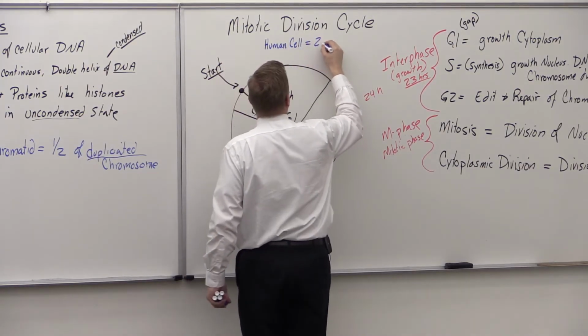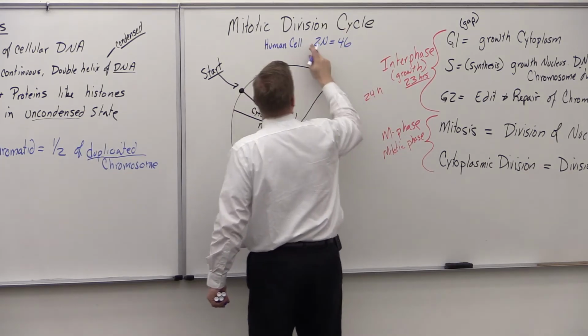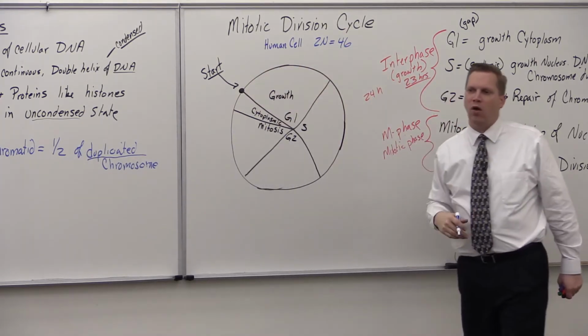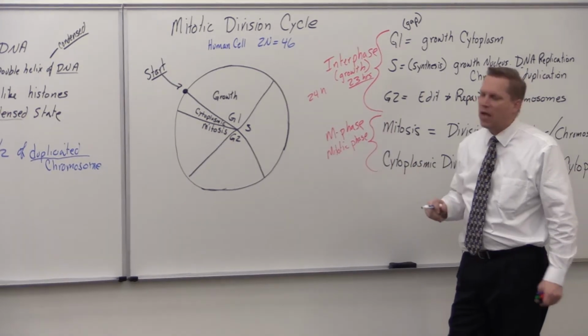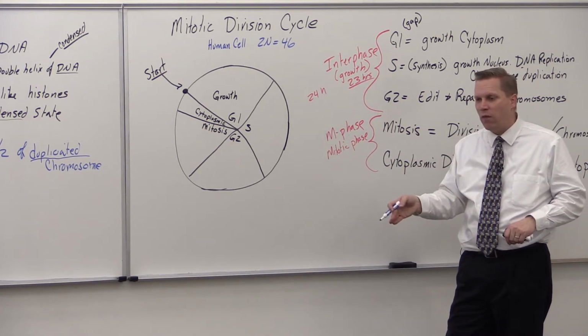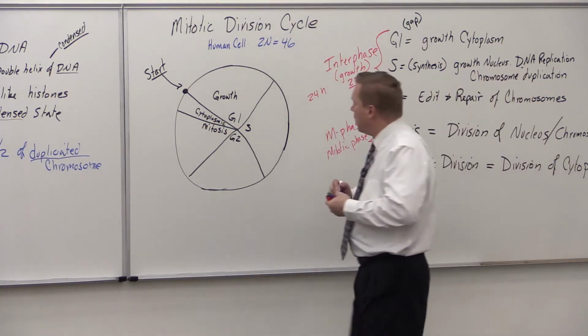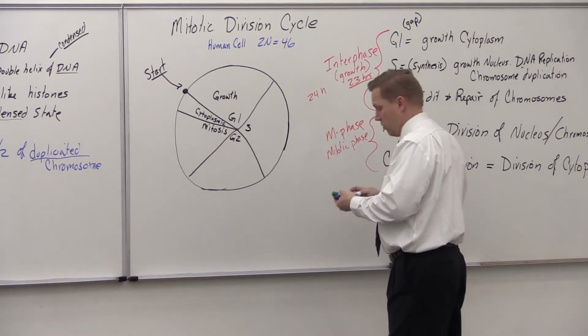And the diploid number, 2n, equals 46. So that means that a somatic cell like we're looking at would have 46 chromosomes. 23 of them would come from mom, 23 of them would come from dad. And that would be the two sets of chromosomes.